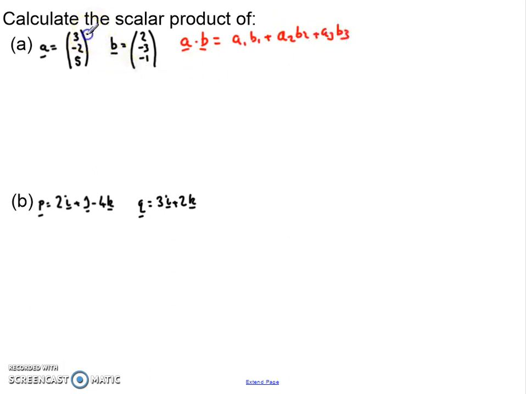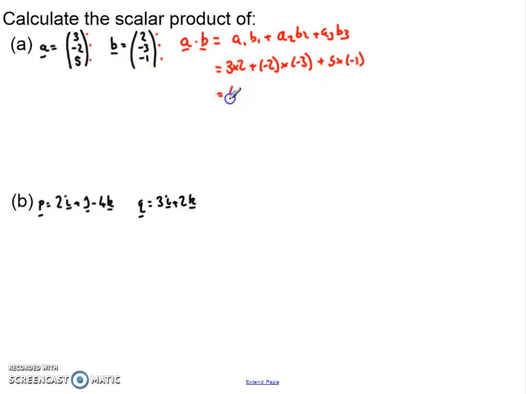Now A1 is the first element, A2 is the second, A3 is the third. Same for B. So there's B1, B2, B3. So A1 B1 is given by 3 times 2 plus A2 B2. So A2 is negative 2 times B2, which is negative 3. And then plus A3 times B3, which is plus 5 times the negative 1.